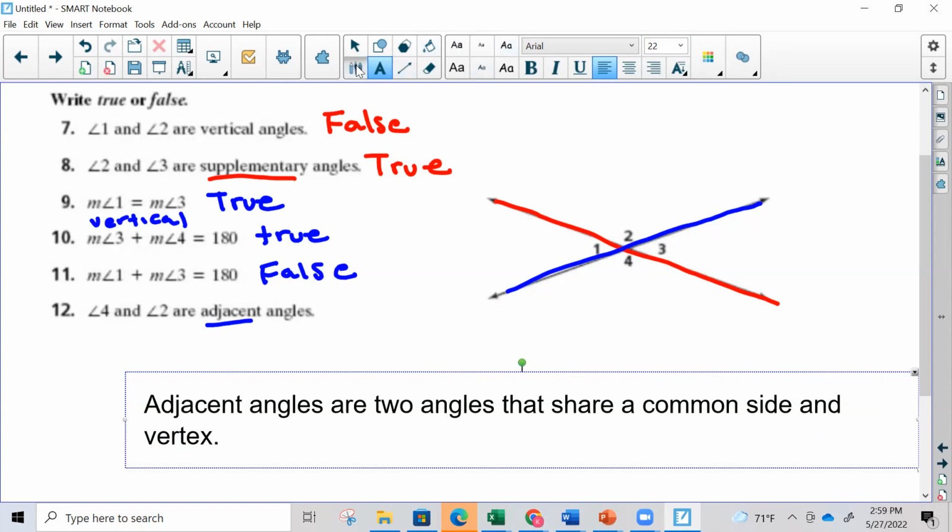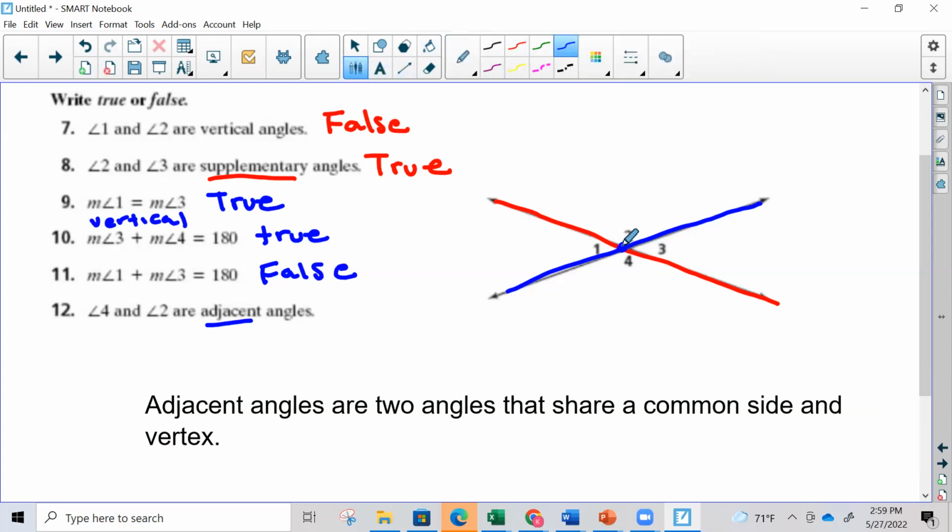Okay. So this is the vertex here. A vertex of an angle is where the two sides of the angle come together. And so if two angles like this share a side and share this common vertex, then they are adjacent angles.